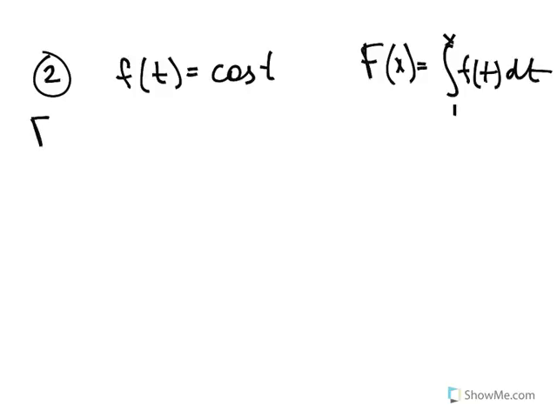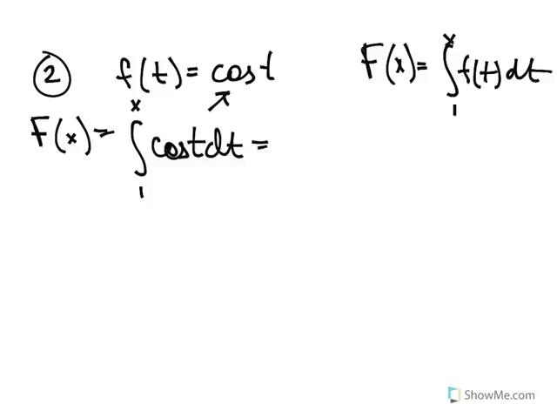Okay, so F of x equals integral from 1 to x, and we're gonna put cosine of t dt, because that's the given function, right? Integral of cosine is sine of t, and the boundaries are 1 and x, and we're going to plug in sine of x minus sine of 1.